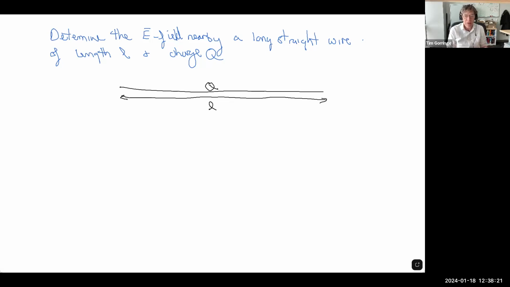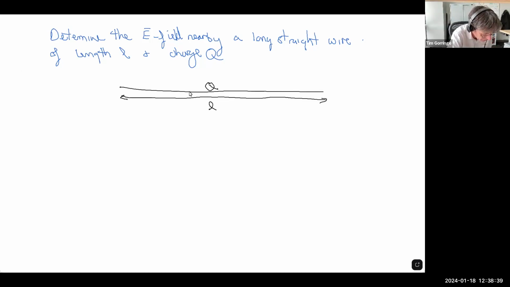Actually, I'm going to figure out the electrical field at a distance r radially from the long straight wire. And that distance r is going to be small compared to the length of the wire. And that's what I mean by nearby the wire.